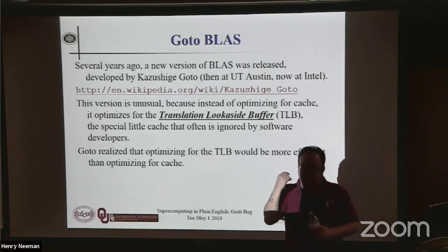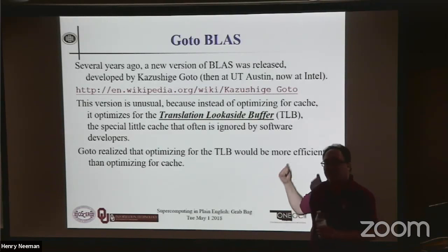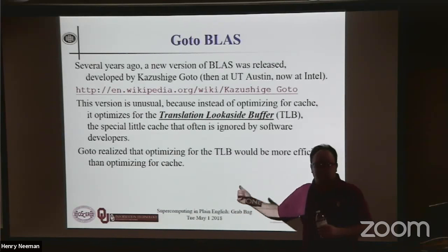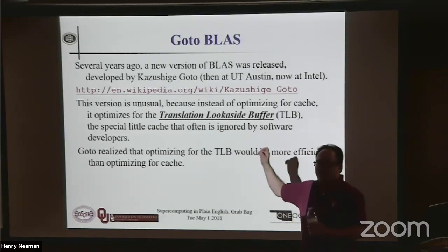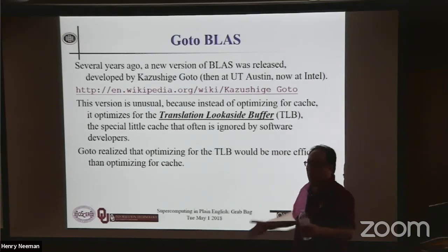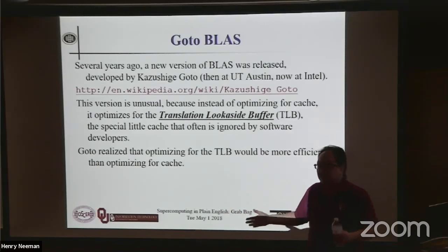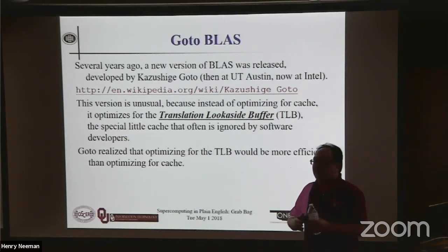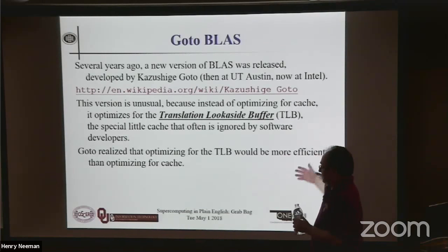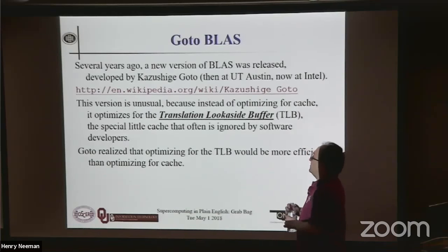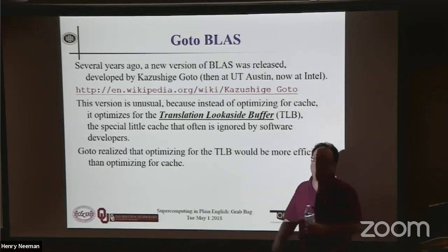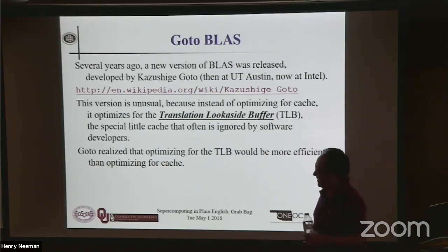And his idea was this: instead of trying to optimize for cache when we're doing these calculations, let's optimize for the translation lookaside buffer, that little tiny cache that holds page table entries for virtual memory, which we have to go through the rigmarole of using, but is not terribly useful if we're not actually using virtual memory in the sense of using swap disk, which is super slow. So we don't want to do that in high-performance computing. But let's optimize for that before we optimize for cache, and that'll get us better speedup.